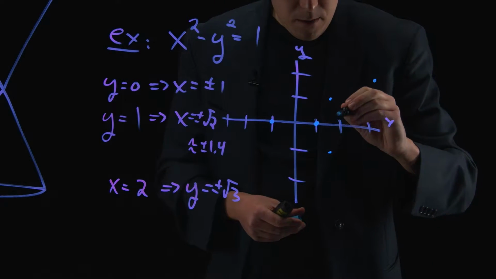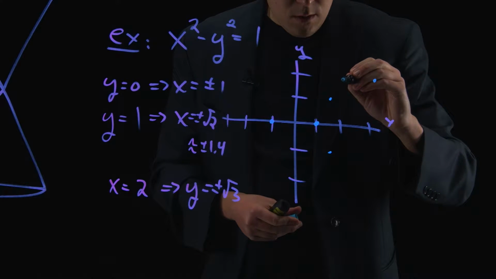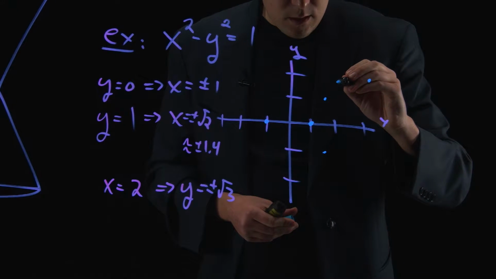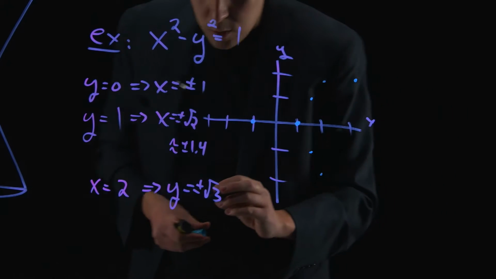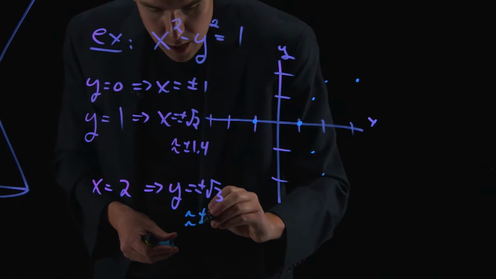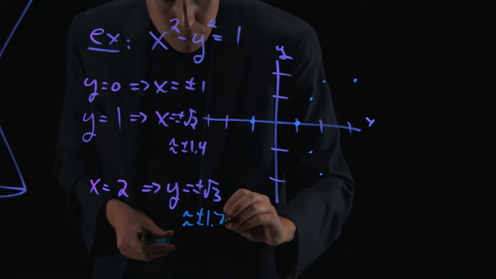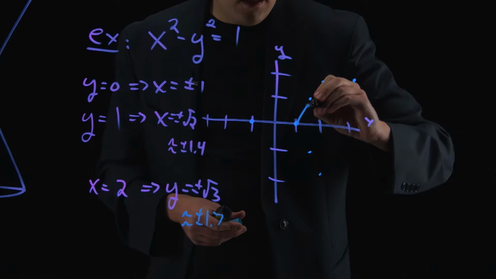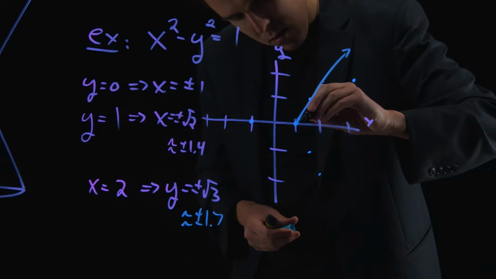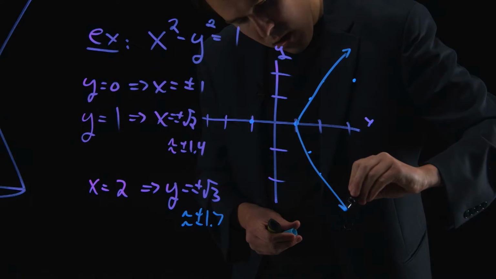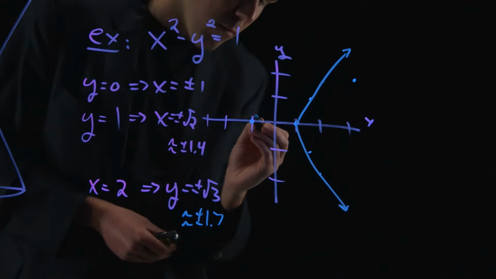Here I'm using the approximation that square root of 3 is something like 1.7. So I can see that the picture is going to be something like this, like that, and the same thing over here.